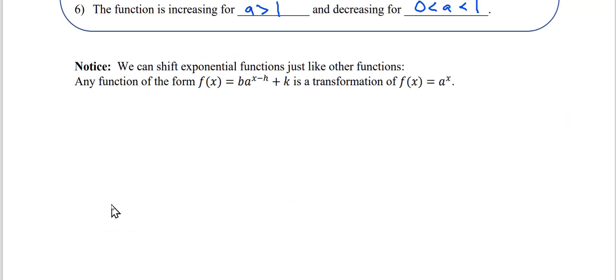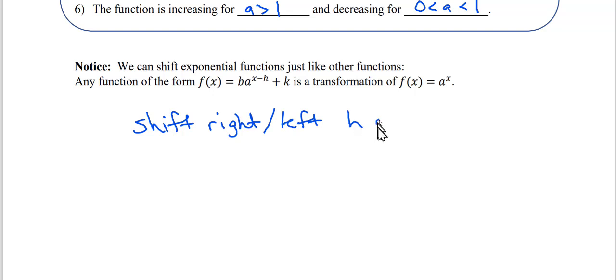Okay, let's talk about the transformations that we see here. The h would shift it right or left, depending upon if it's added or subtracted, because that's added to the x. The direct addition or subtraction to the x is a right or left shift. Then, order of operations, I'm looking at that b.